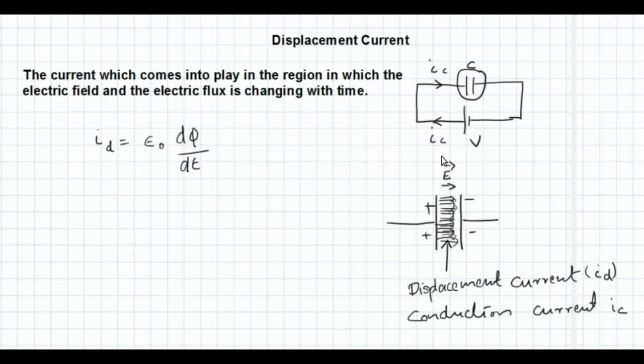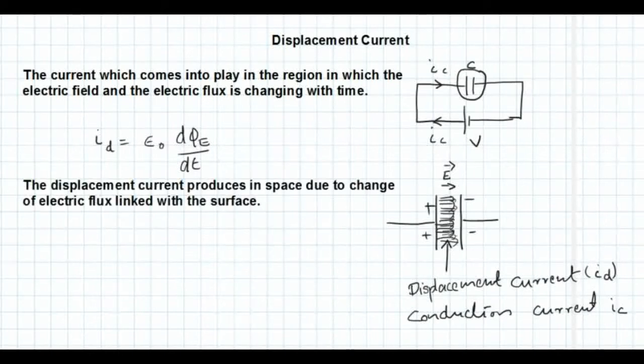I_D, right? And I_D is equal to epsilon 0 into d phi by dt, where phi is the electric flux. That means this I_D, the displacement current, depends on the electric flux. The displacement current is produced in space due to change of electric flux linked with the surface.